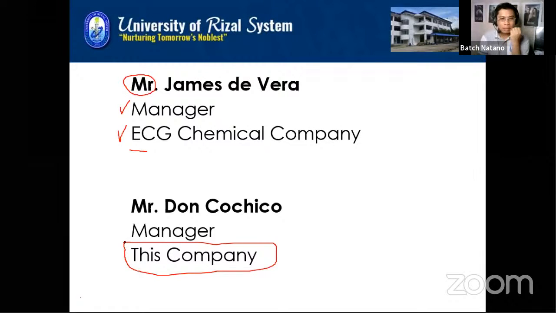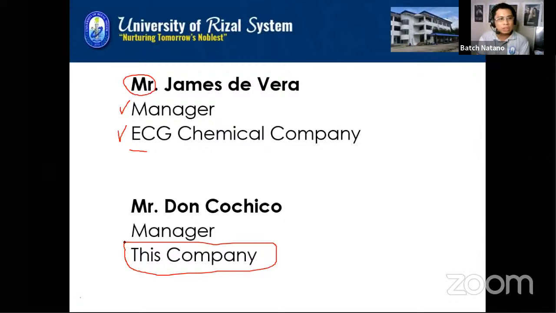So in lieu of that, use "this company." For example, in our case, let's say I am writing a letter to Ma'am Merly Facultad, who is Dean of the College of Business Administration, and I am part of the College of Business Administration as one of its faculty.